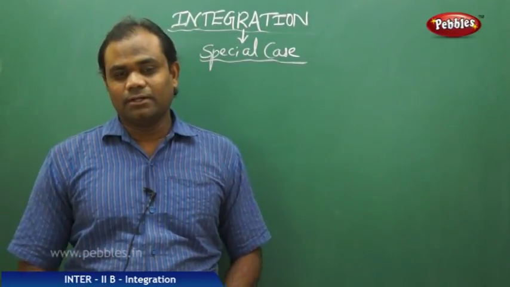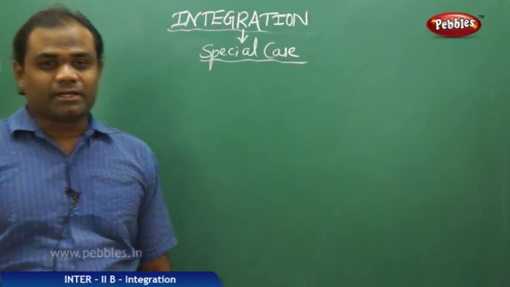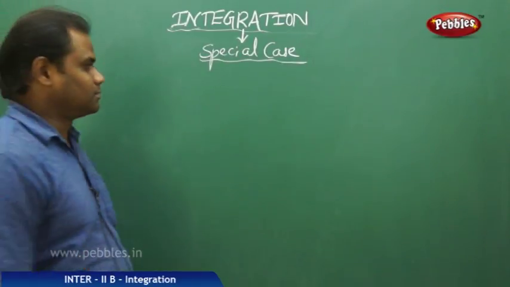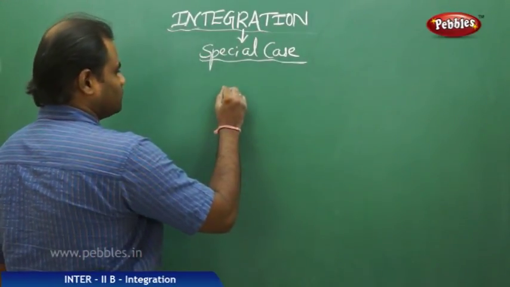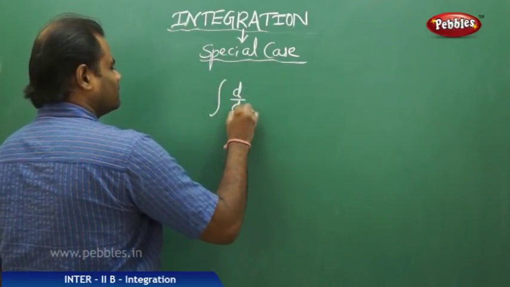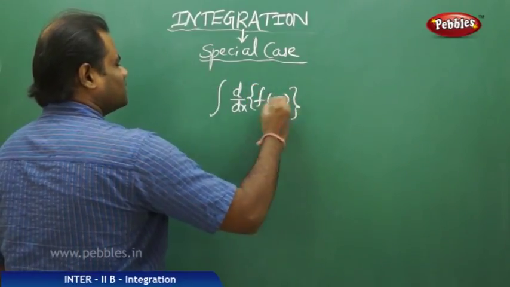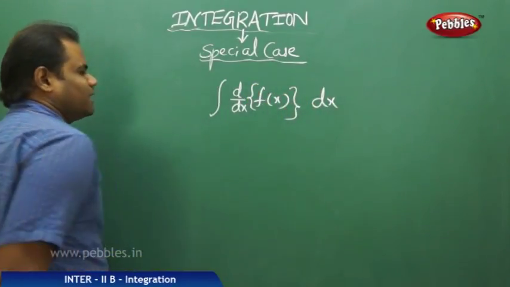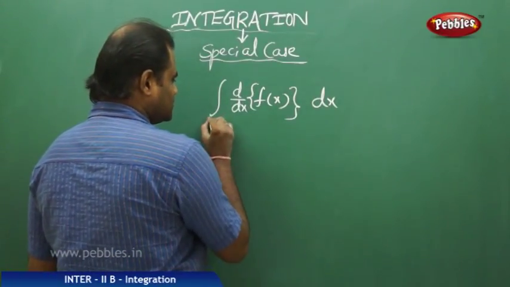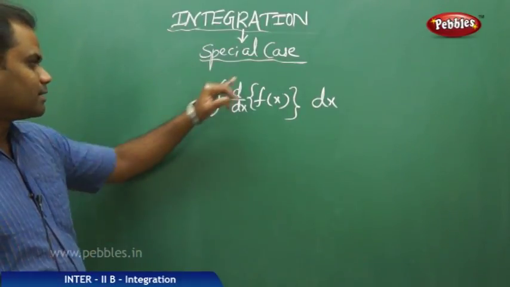So now that we have understood integration as anti-differentiation, let's take a special case to connect differentiation with integration. That is, if I want to find the integral of d by dx of this over dx, then clearly, since integration and derivative are anti to each other, they get nullified.